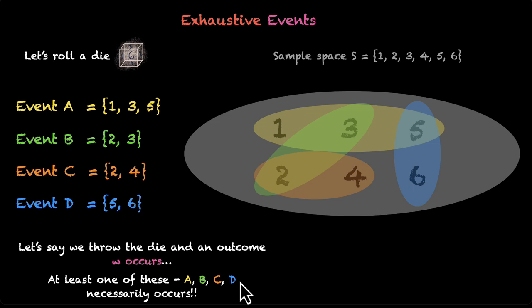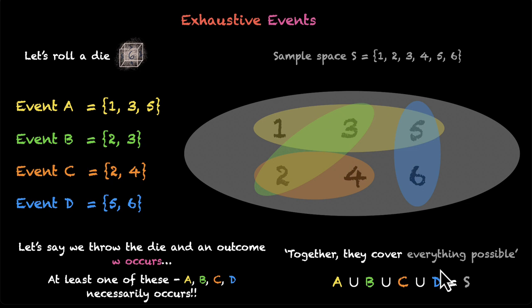Let's say we throw the die and we get a 6. Well, when we get a 6, the event D has occurred. What about 3? When we get a 3, the event B has occurred and the event A has occurred. When we get a 4, the event C has occurred, and so on. No matter what you get, one of these events will necessarily occur. And we can say this with confidence because together they cover everything possible.